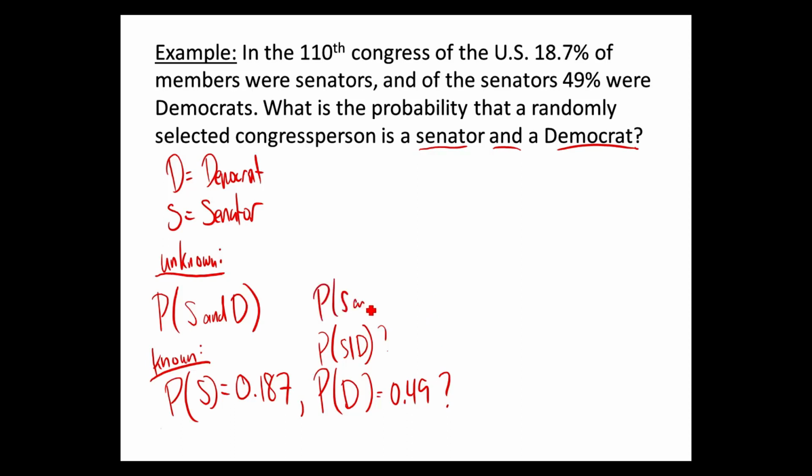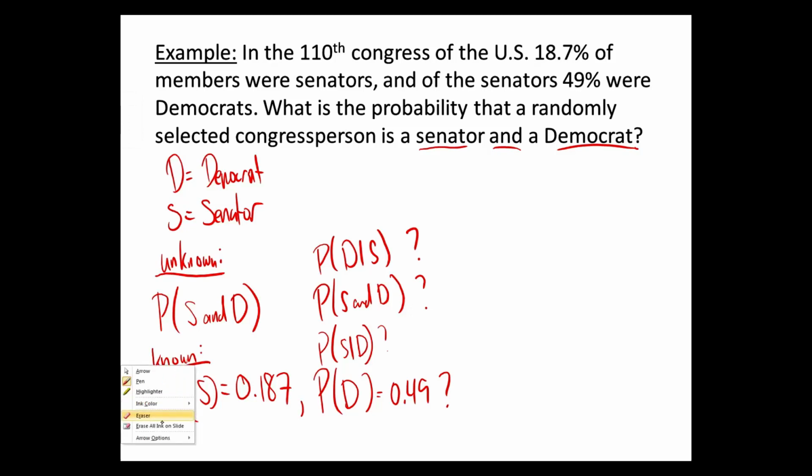Is it S and D? Is it D given S? What is 49%? S and D. Isn't that what we're trying to figure out? That would be D given S, since it's 49% of the 18.7. I don't think it's S and D, because that's what we're actually trying to look for, right?